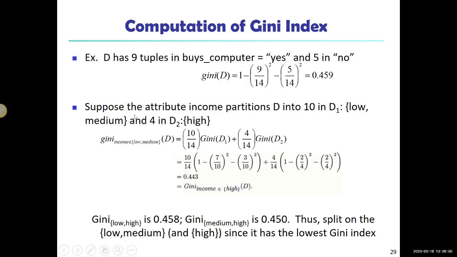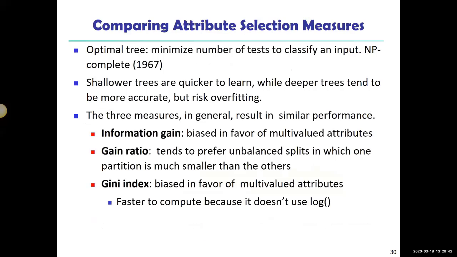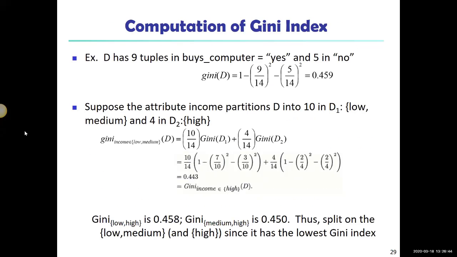Then if we use income, because income has 3 different values, low, medium, and high, we can try to split by making low and medium one branch and high the other branch.